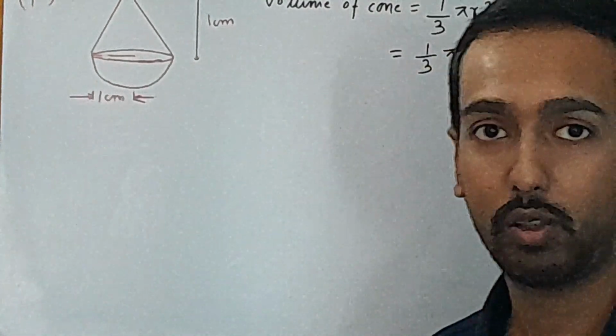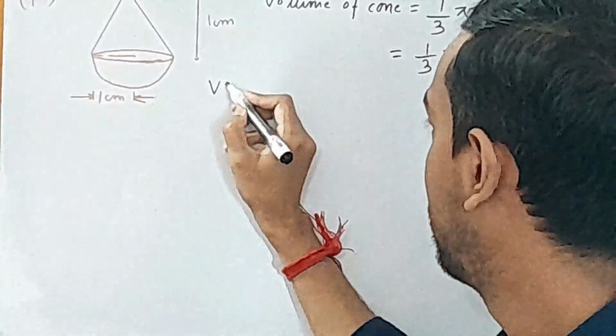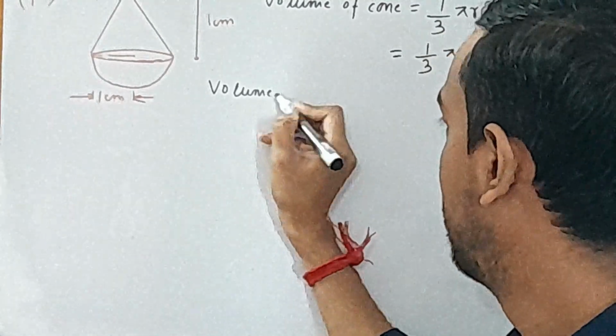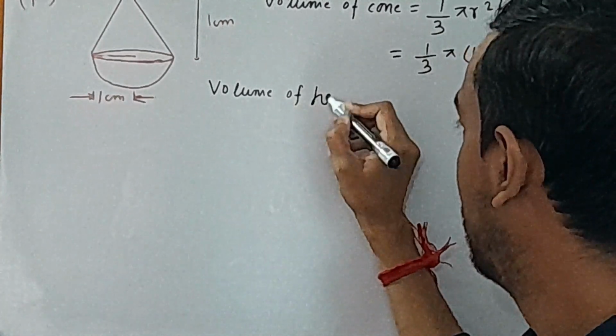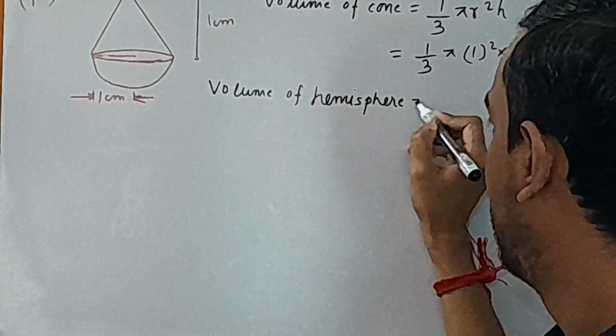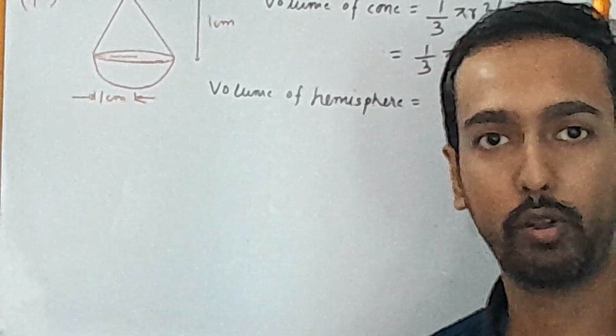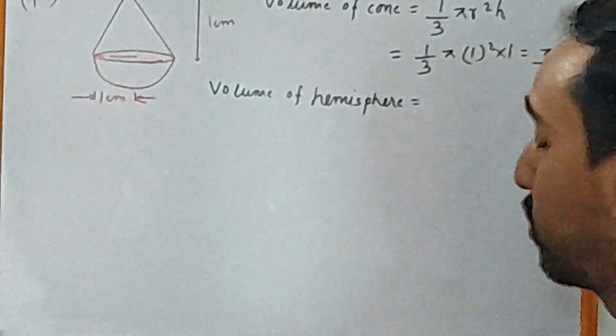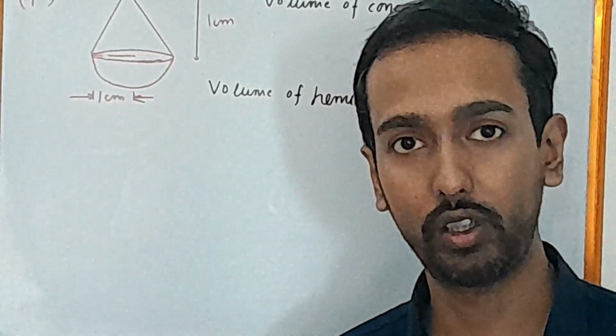Now let's find out the volume of the hemisphere. We know that the volume of the hemisphere is given by, sorry, 2 by 3 pi r cube.